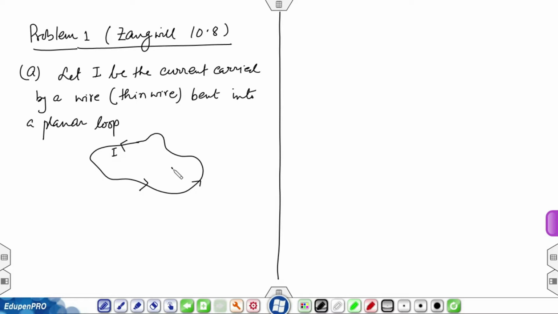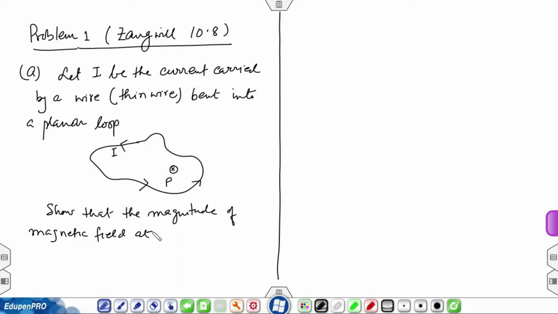Then I want to calculate at an observation point P the magnetic field, and we want to show that the magnitude of magnetic field at P is B. We are talking only about magnitude.